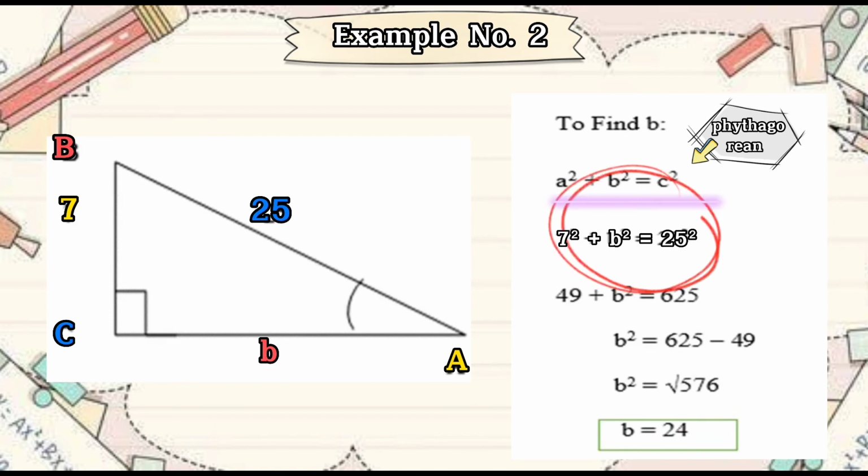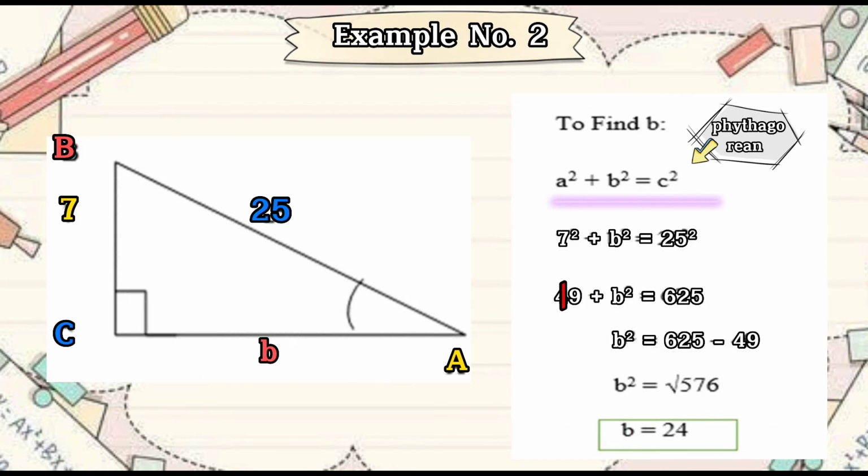So square lang natin sila, it become 49 plus b squared is equal to 625. So, i-transpose natin yung same terms or yung 49 sa kabilang side. It become b squared is equal to 625 minus 49.